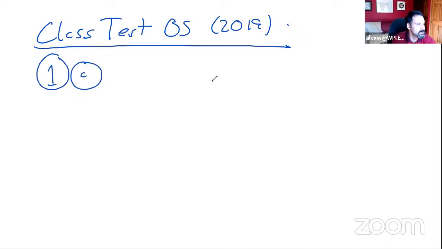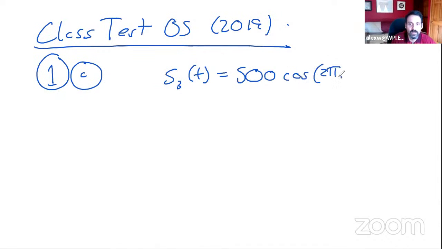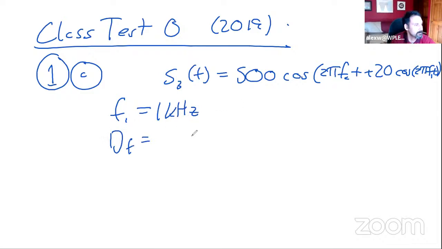Question 1C says, suppose I have S3, because there were several waveforms: 500 cosine 2 pi fc of t, plus 20 cosine 2 pi f1 of t, and f1 we already know is equal to 1k hertz. D of f is in rads per volt seconds.